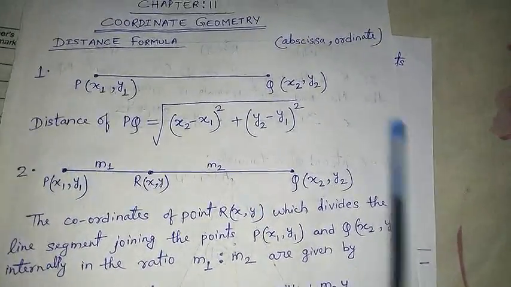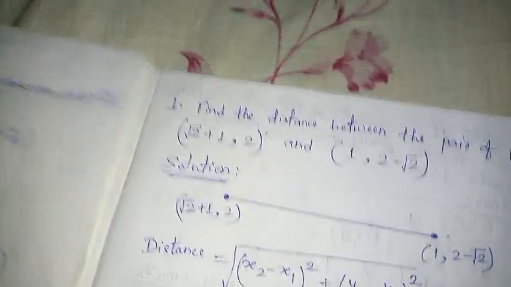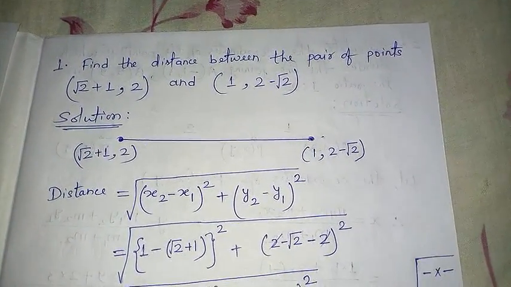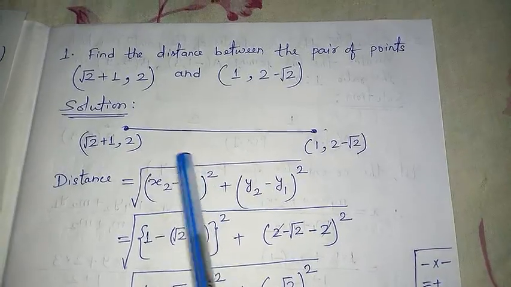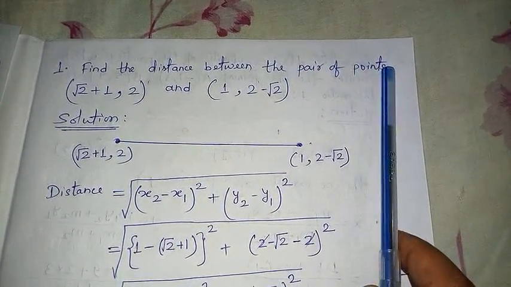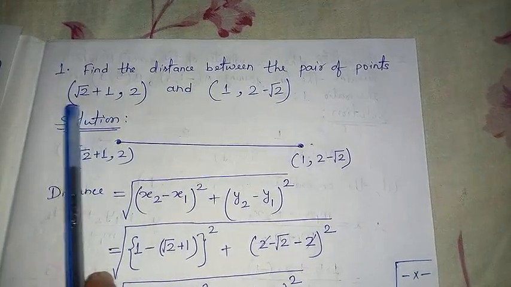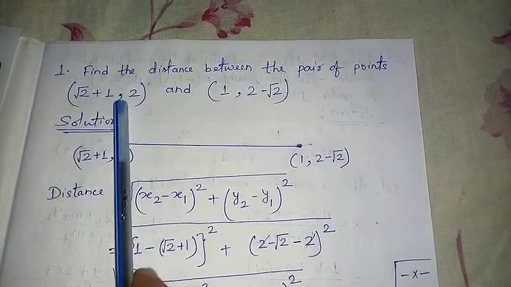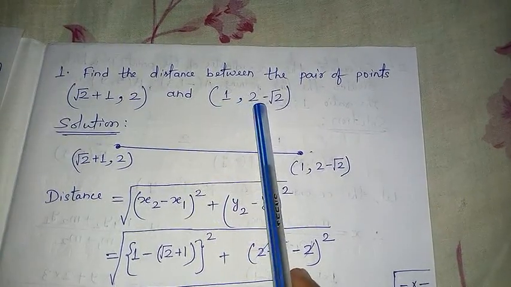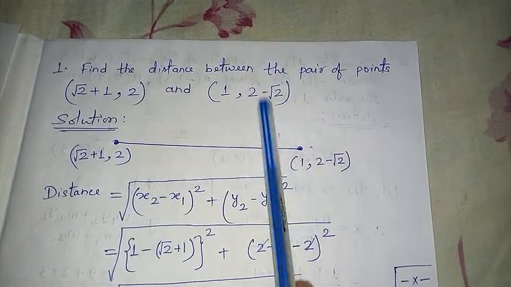Now based on this formula, I will immediately teach you one example. Today I will first show you the formula, then I will show you one example also. Find the distance between the pair of points whose coordinates are √2 plus 1, 2 as the first coordinate, and 1, 2 minus √2 as the second coordinate.